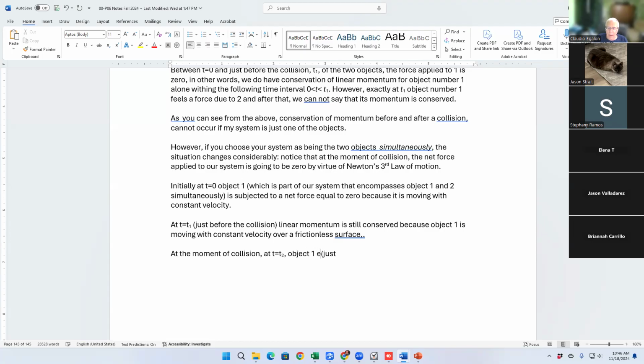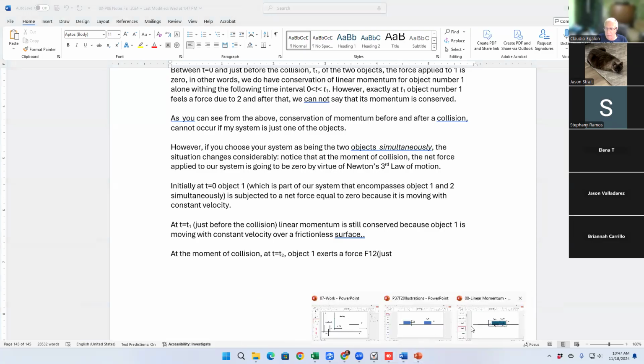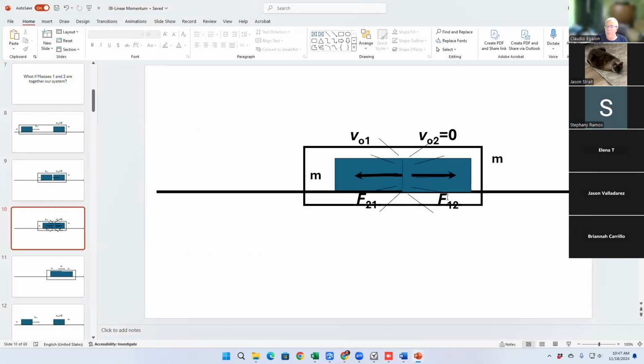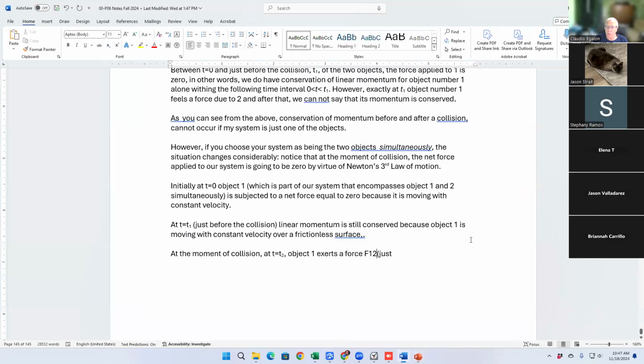Object 1 exerts a force F of 1 and 2 on object 2, and object 2 exerts a force F of 2 and 1 on object 1.